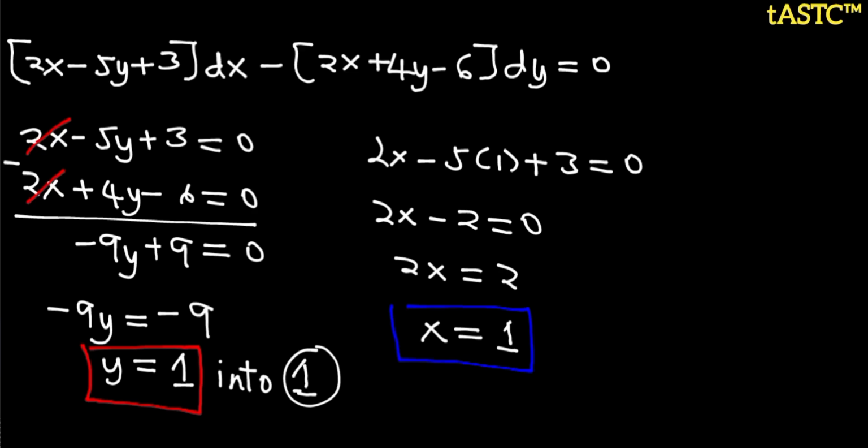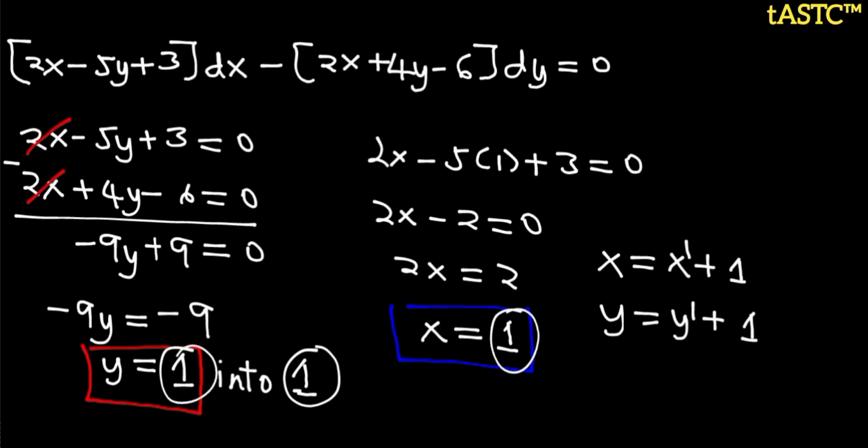What that means is that we could actually solve this using the method of homogeneity if we actually made x to be equal to x plus 1. That is x equal to x prime plus 1. And if we made y to be equal to y prime plus 1. That is because we found these ones.